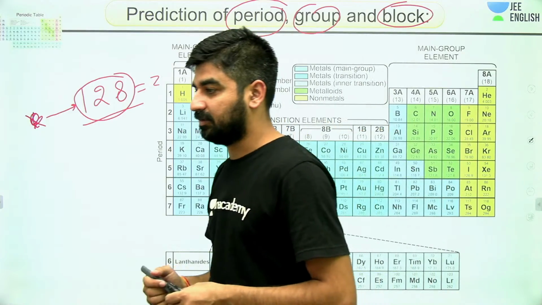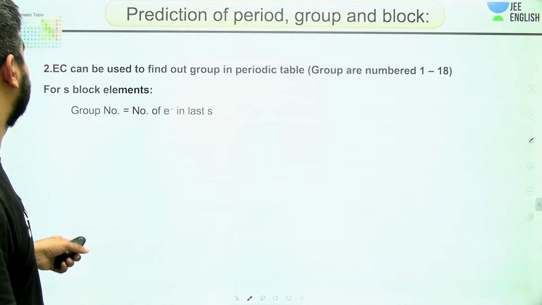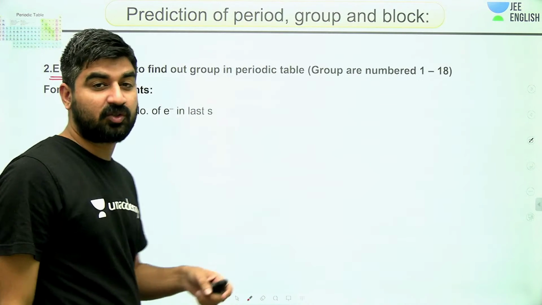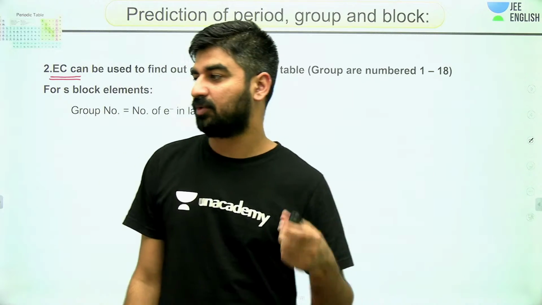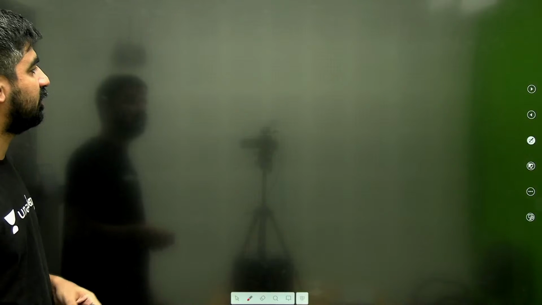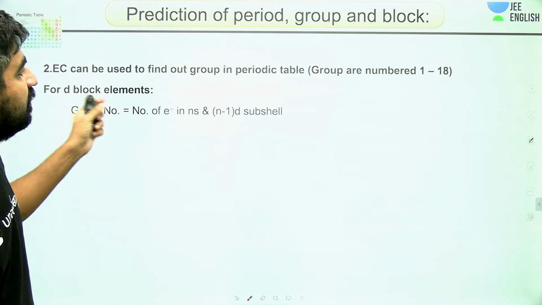How will you predict that? In the next class I will teach you, right? Then just by seeing the electronic configuration you can tell the period number and the group number.